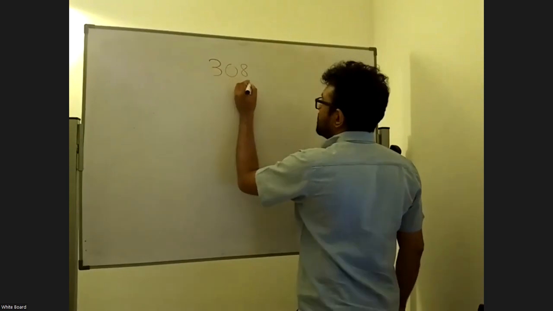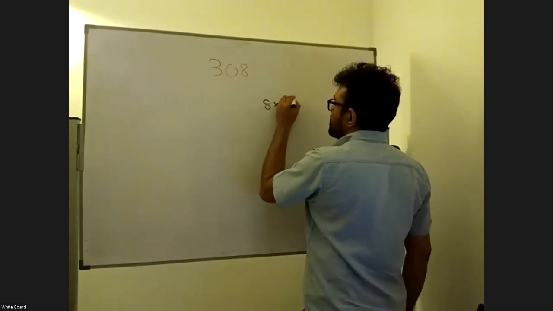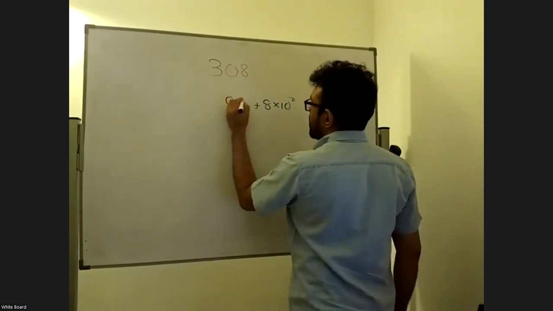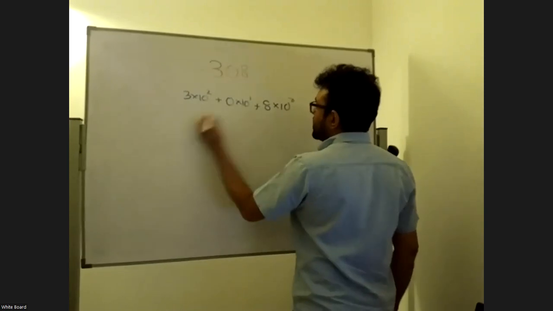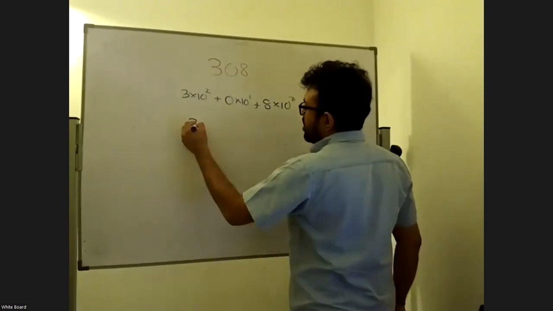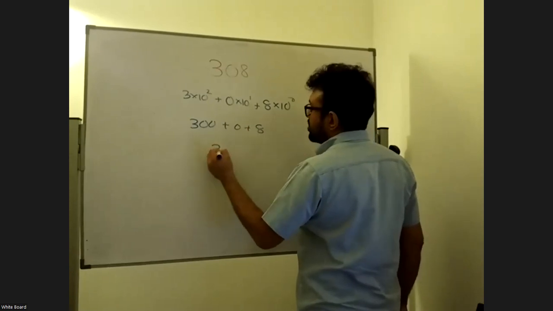This one is going to be 8 into 10 to the power 0 plus 0 into 10 to the power 1 plus 3 into 10 to the power 2. So altogether it will be 300 plus 0 plus 8, 308.